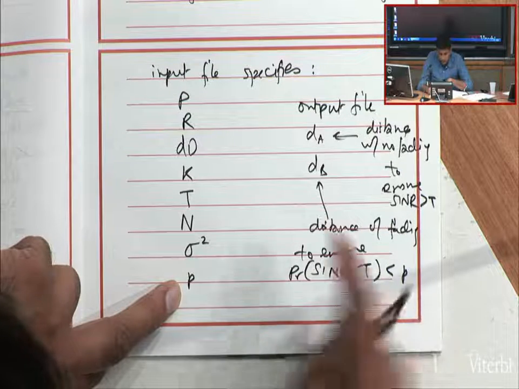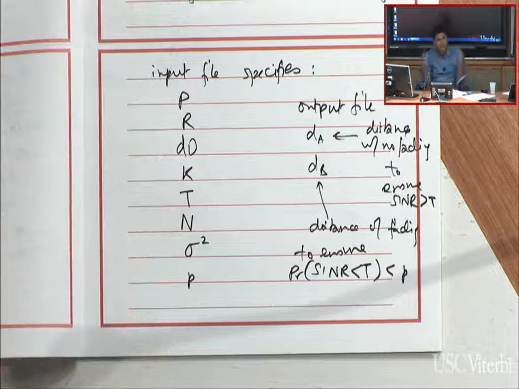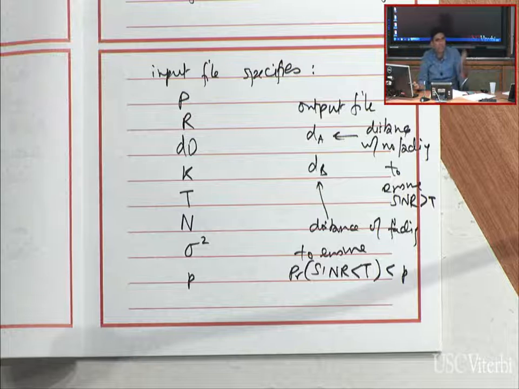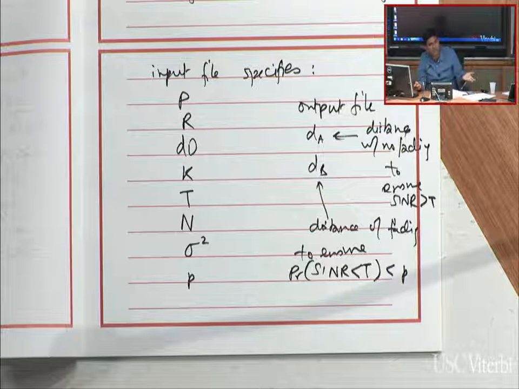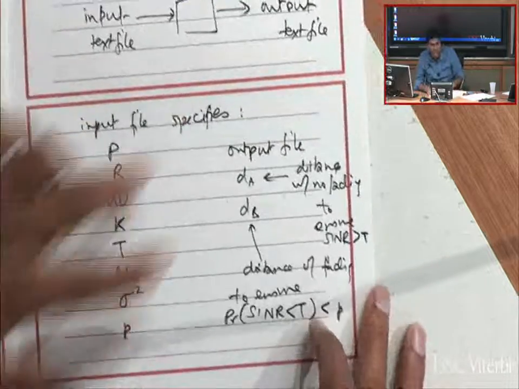So there's just 2 numbers that should be output. So if you know everything about the system, how far away should I space my base stations if there is no fading, if there is fading? Okay. Which is what the question asked you to solve. But now you're just doing this as a program.